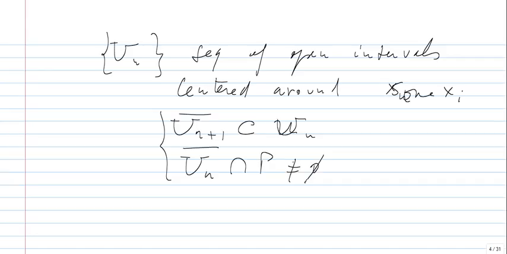We have a decreasing sequence of closed intervals. So this Un bar is a closed interval.